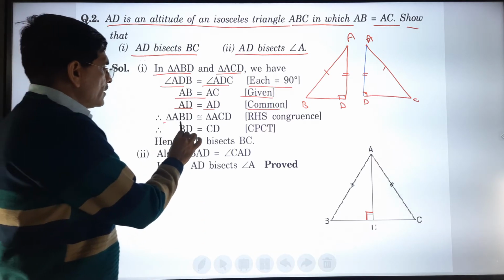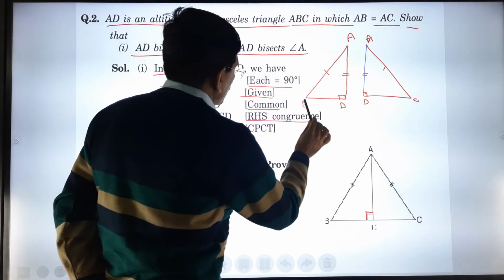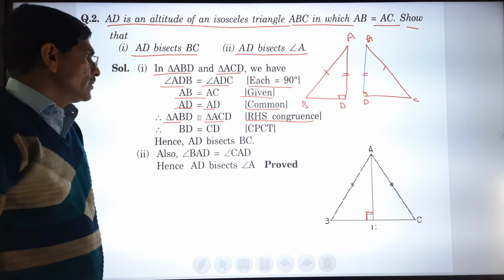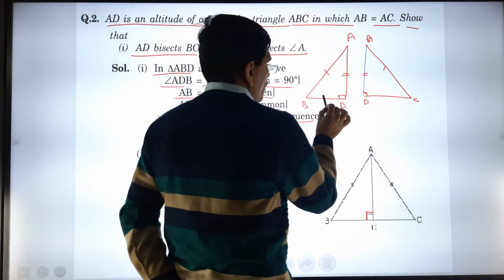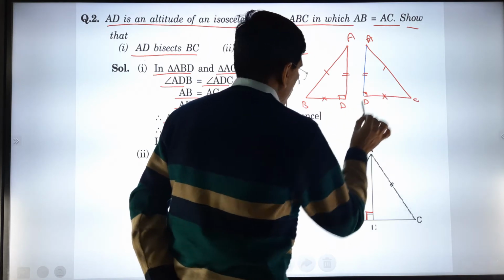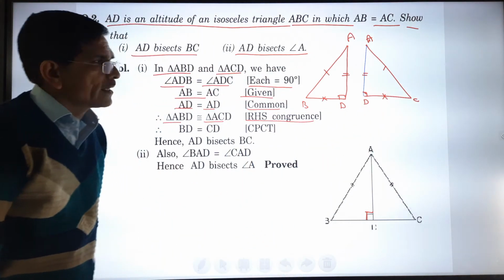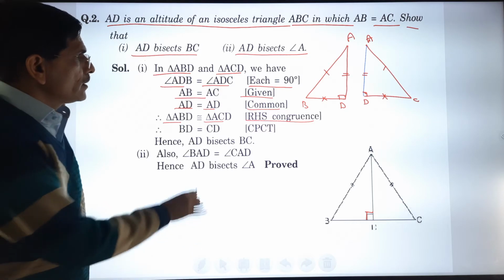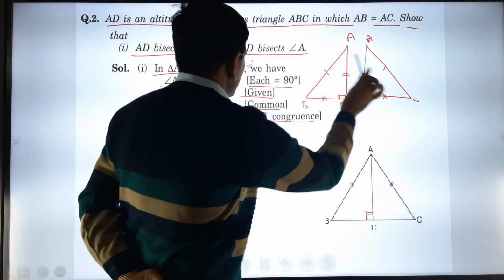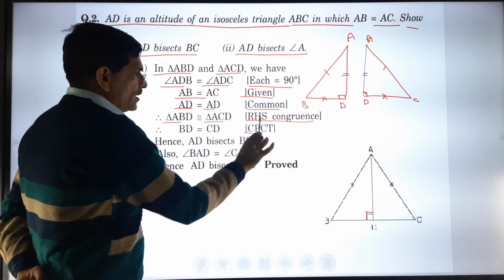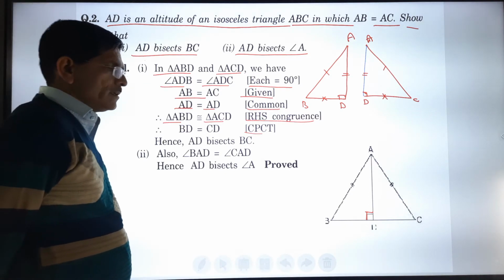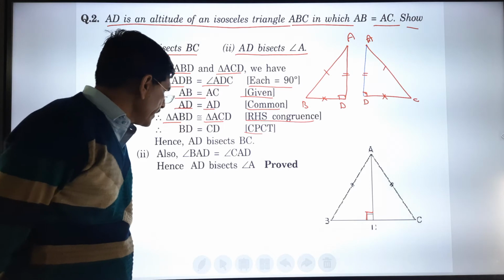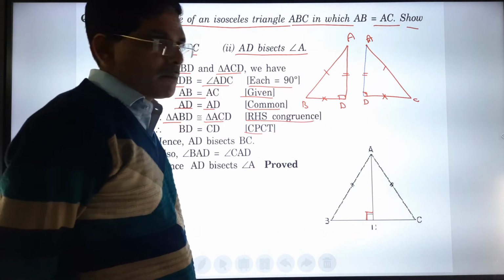So the two triangles are congruent according to the RHS rule. When two triangles are congruent, corresponding parts of congruent triangles are also equal. Therefore BD is equal to CD. Hence AD bisects BC.